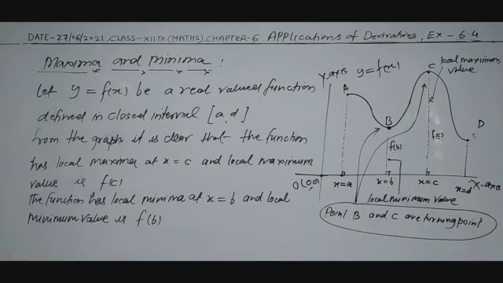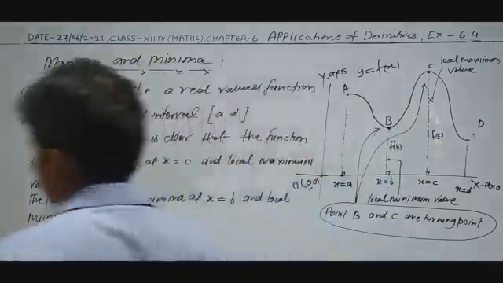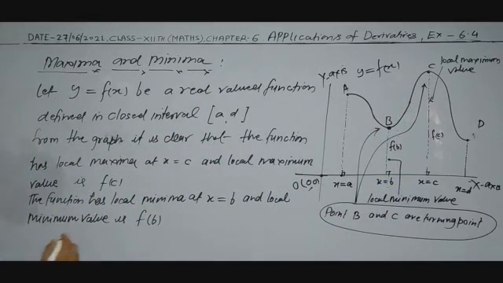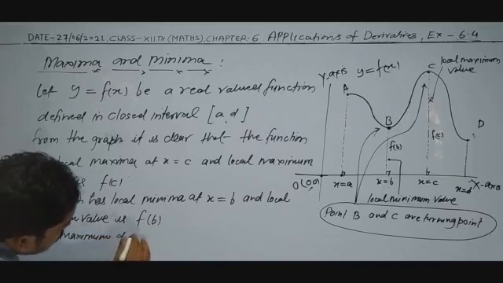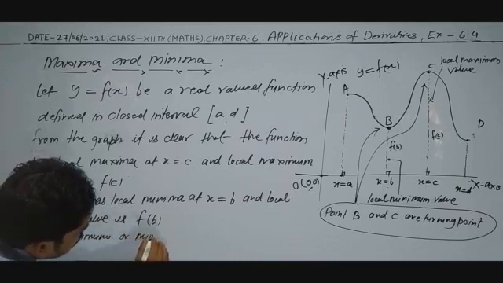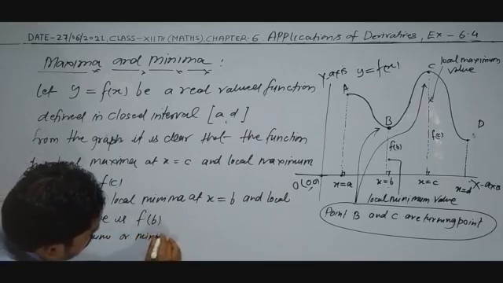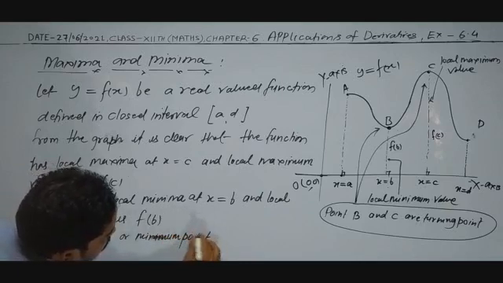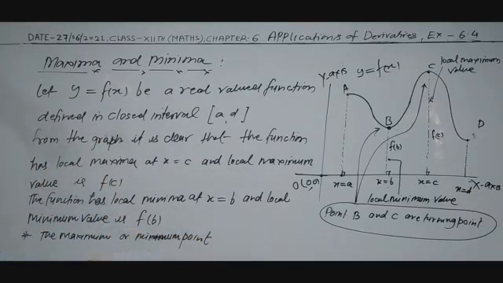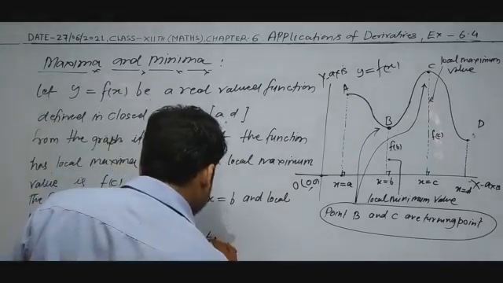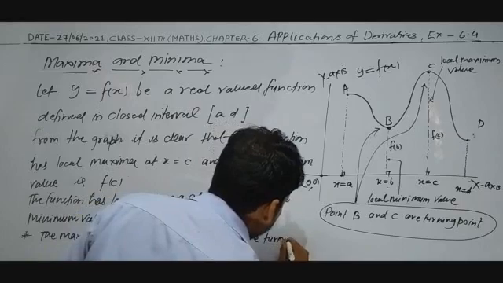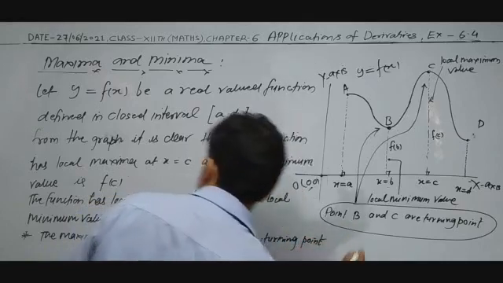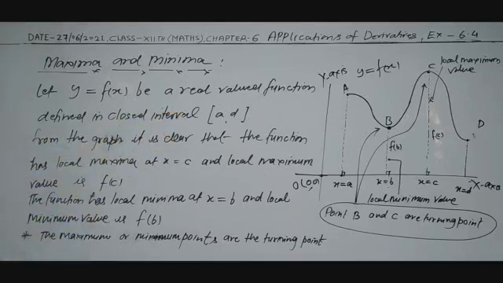The maximum or minimum points of the function are the turning points. So B and C are the turning points.